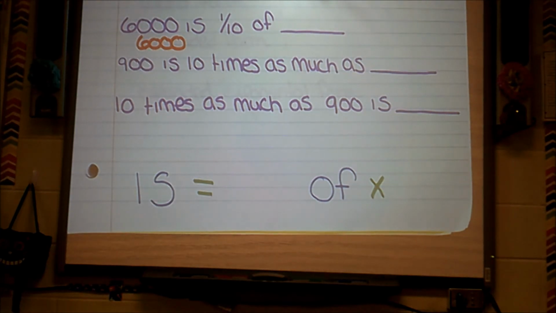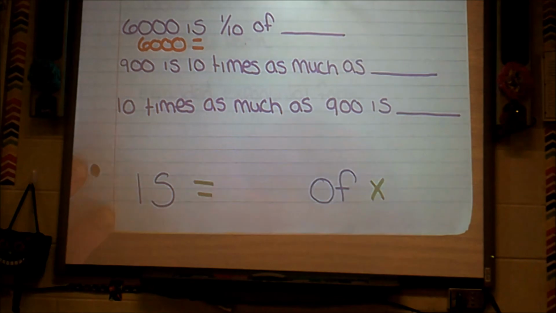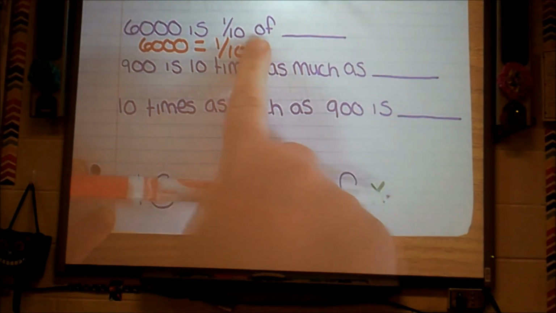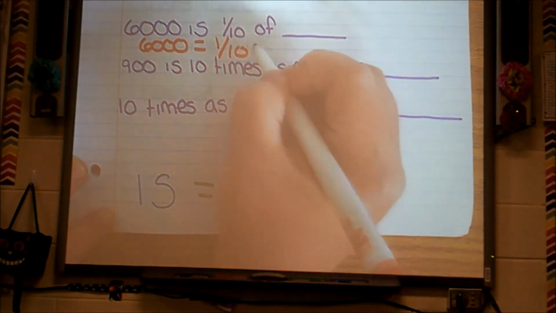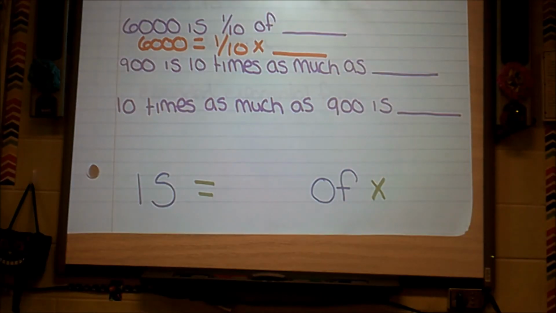So I can replace the "is" with an equal sign. My 1/10 stays the same. "Of," multiply, and then a blank. 1/10 of some number equals 6,000.